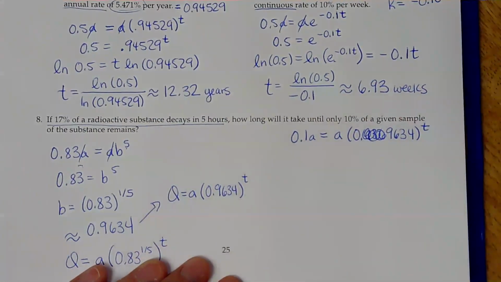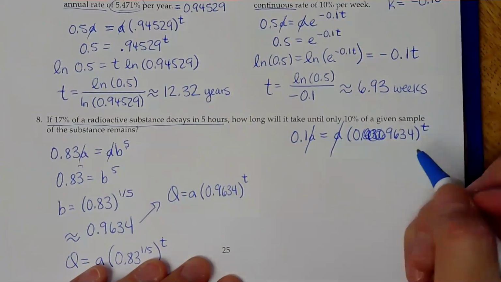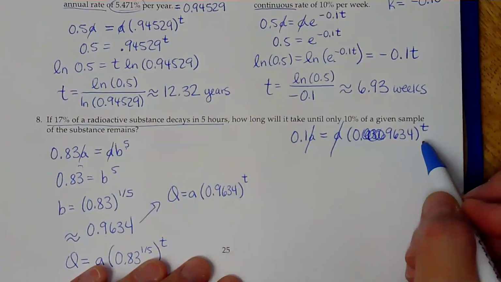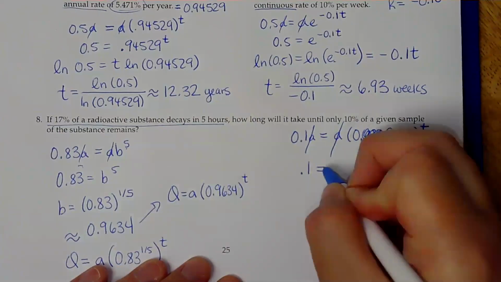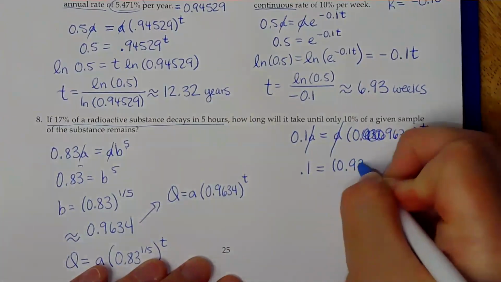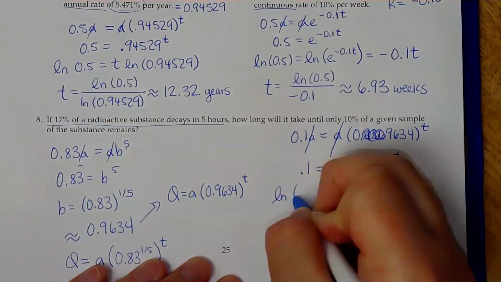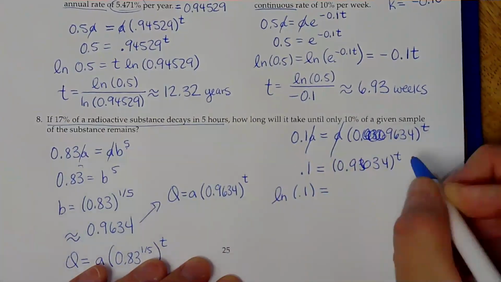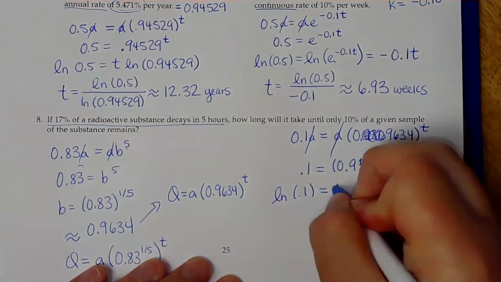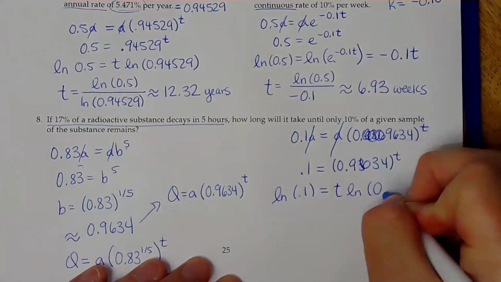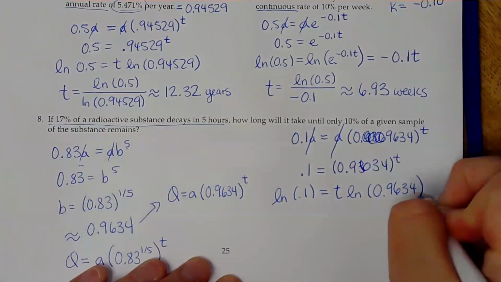And again, both those A's disappear. Right? And now I'm going to apply the natural log to both sides. You could certainly use regular common log. That would work too. So ln of 0.1 is equal to, when I apply ln, I can use that law of logs to bring the T down in front. So I get T times the natural log of 0.9634.